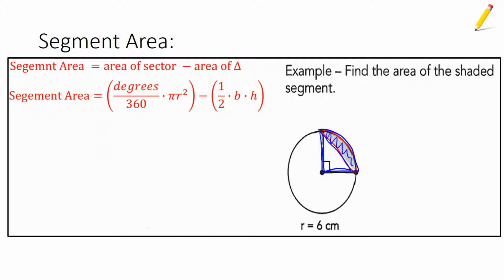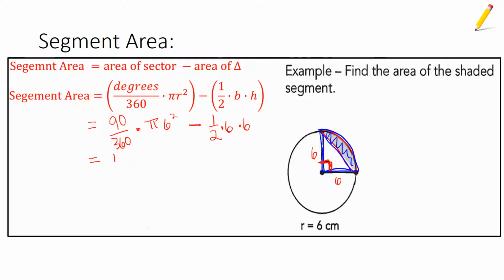We know that our degrees in this little circle is 90 over 360, because we were given a right triangle and a 90-degree angle with that box, times pi, our r was 6 squared, all minus 1/2, and we know our radius is 6 and our other radius is 6, so our base is 6 and our height is 6. So minus 1/2 times 6 times 6.